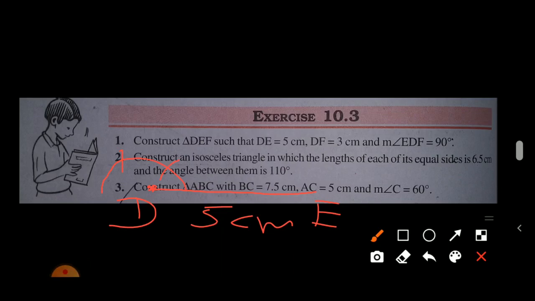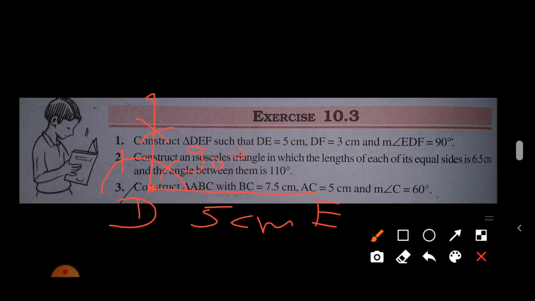Then from this point we draw one arc and again one arc from this point, and then we join with this D. So it is 90 degree. Measurement of angle EDF is what? 90 degree. Angle D equal to 90 degree.